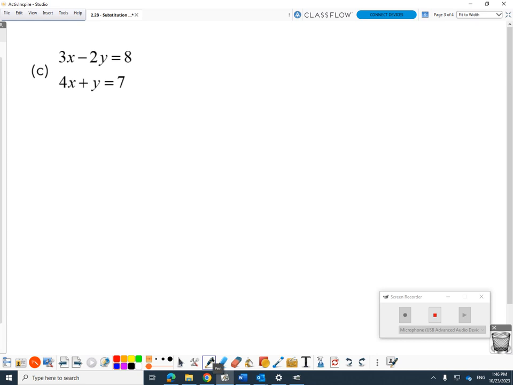All right. Solving by substitution. Come test time, here's what has to happen when you see solve by substitution. Your brain's got to go like this.